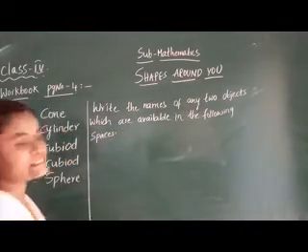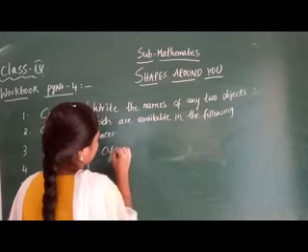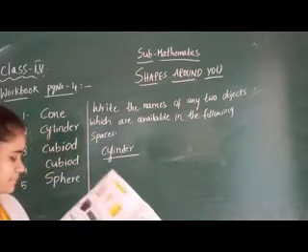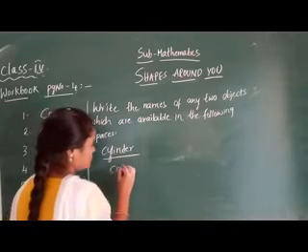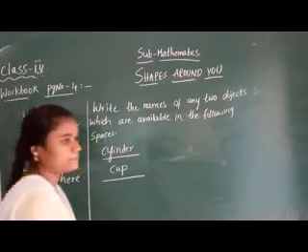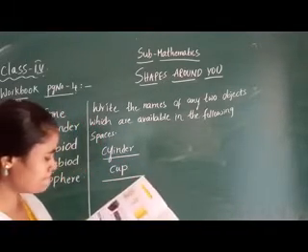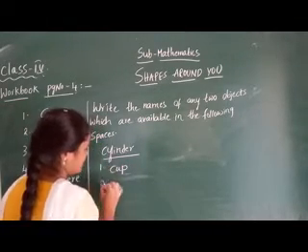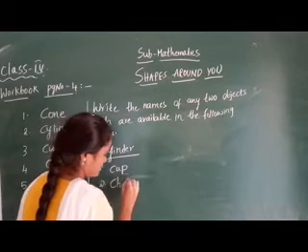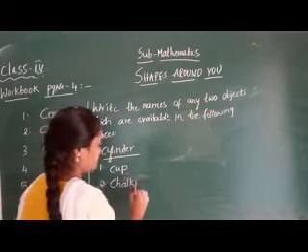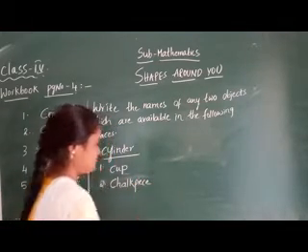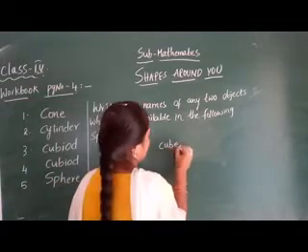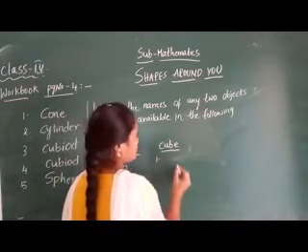See, first one is cylinder, right? First one cup, second one chalk piece. Cup and chalk piece. Next, cube: first one dice, second one ice cube, some ice cubes are in cube shape.